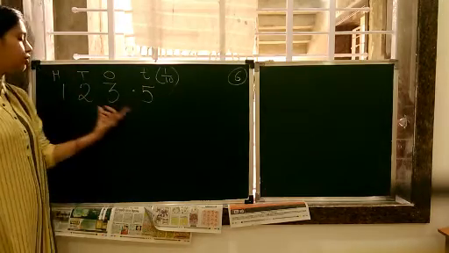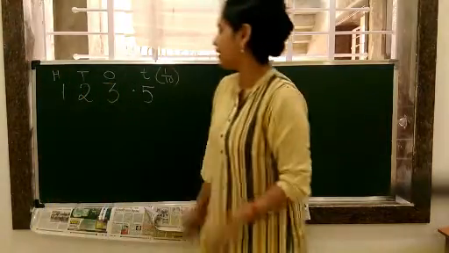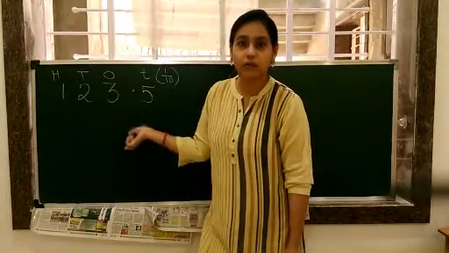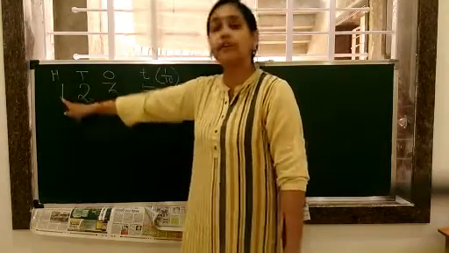Means if you want to draw a diagram for this, if you want to show 123.5 in the form of a figure, how to do it? Now you can see this is in the hundreds place.